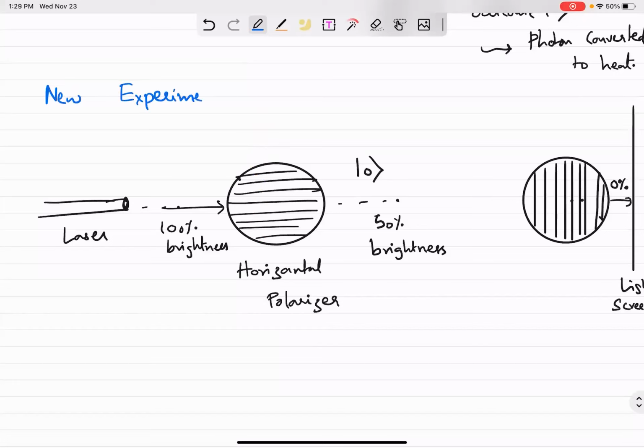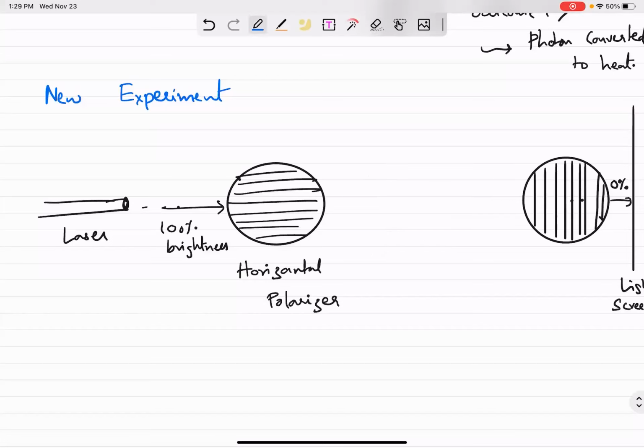Guess what I'm going to do? Yeah, put one in between. If I ask my kid, you put these two things together like barriers, light is not getting through. If I put something in between, what should happen? It should only become harder for light to get through. Okay, let's see.